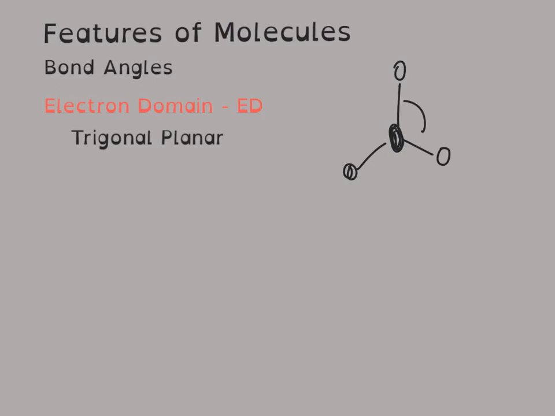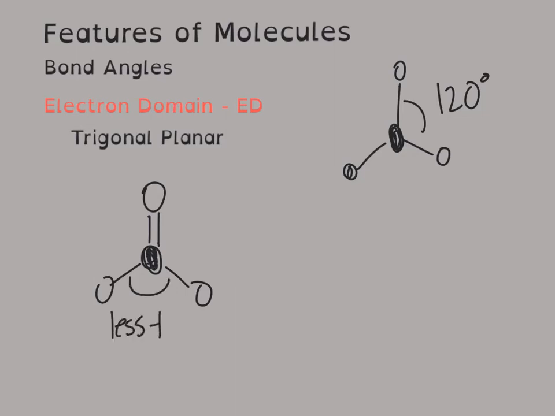In trigonal planar, you have a center atom with three things attached. In a traditional trigonal planar, you have a 120 degree bond angle. If you are in a molecule where there is a double bond, this one would cause the bond angle to be less than the 120.